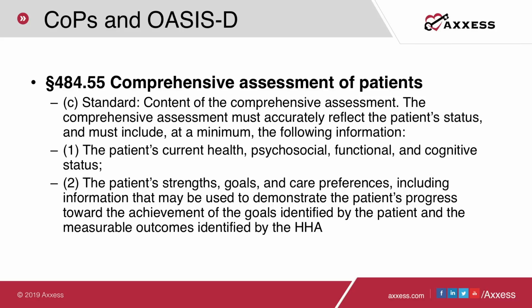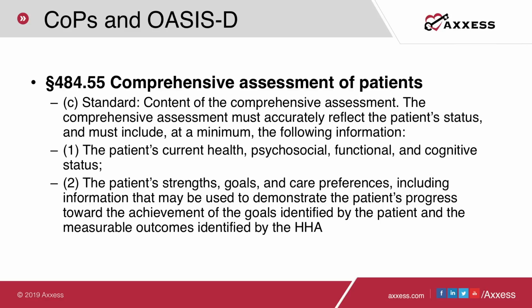Then we also look at their strengths and goals and care preferences, because we know that if we take some time to really identify what this patient has going for them, they have a good financial situation, they have great daughters and sons who are participating in their care and are very supportive, and you can call them up and say, you know, your mom needs this, and they get out there and they get it done. That makes a huge impact on this patient's outcomes.